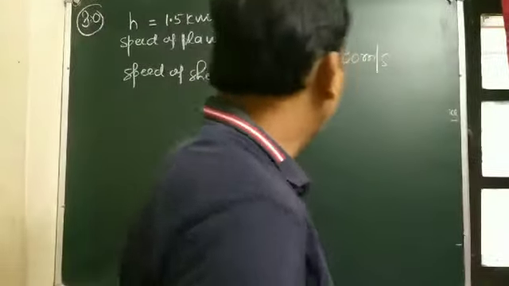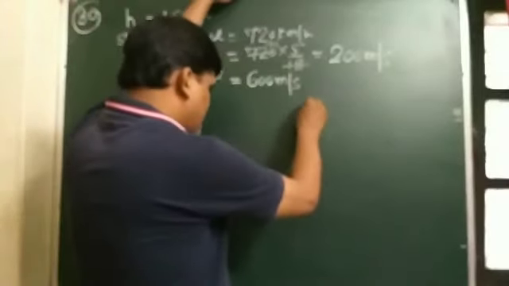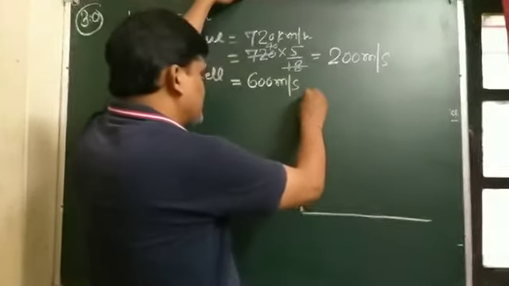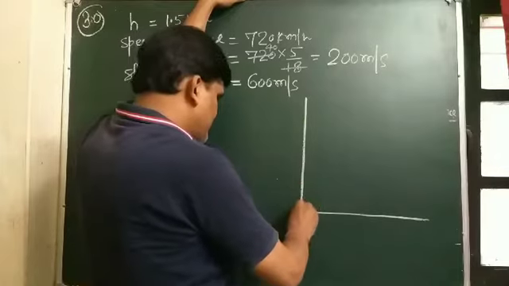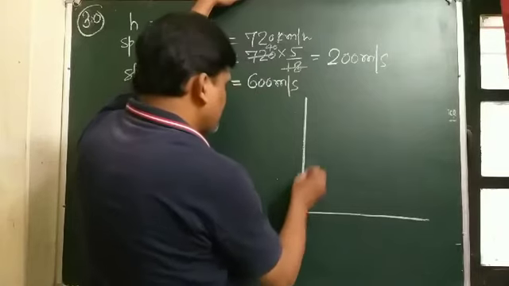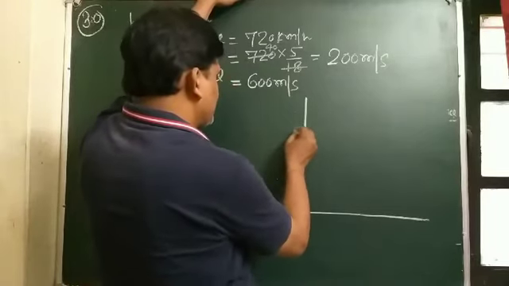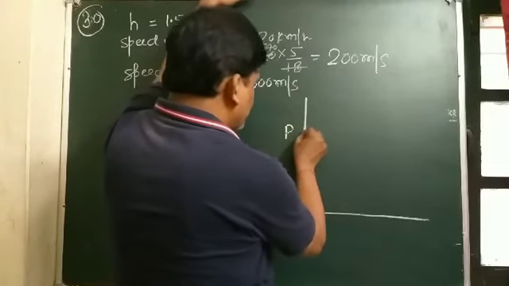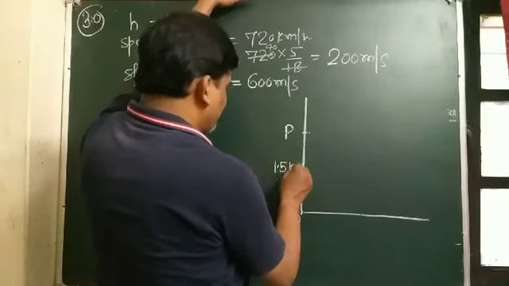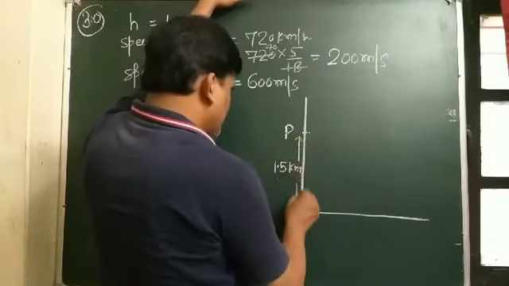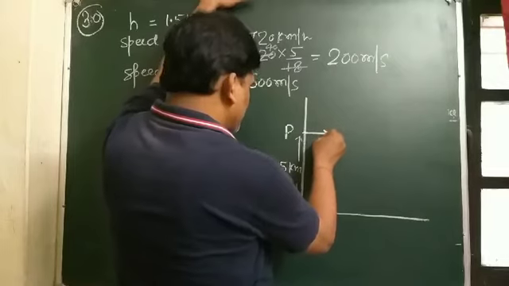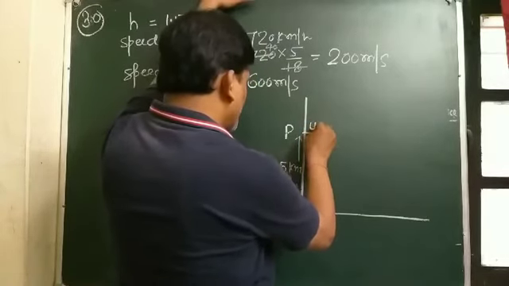And student, now at what angle from the vertical should a shell be fired from the gun so that it will hit the plane? Suppose this is the ground O, and this is the plane, which is flying at a height of 1.5 kilometer, which is given, and this plane is moving with velocity u.